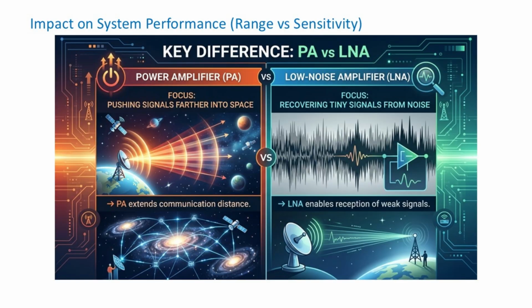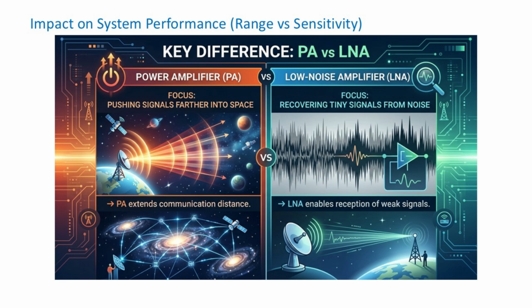The next key difference between PA and LNA comes from what each of them is trying to achieve in the communication link. The power amplifier mainly focuses on pushing signals farther into space. By increasing transmit power, it directly extends the communication range and overall system coverage. In contrast, the low noise amplifier focuses on recovering extremely weak signals from noise at the receiver side.